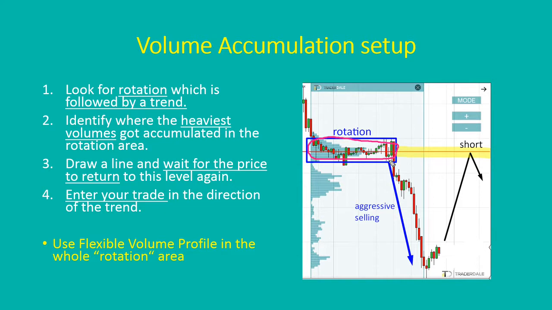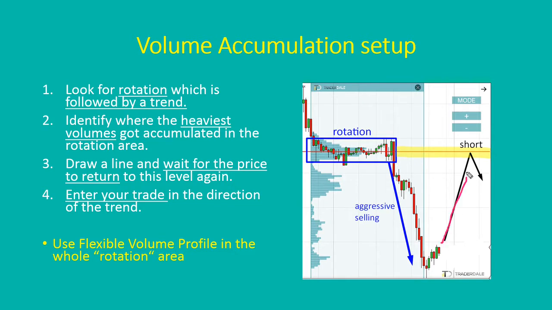But if there is selling activity after the rotation, you can tell that in this place sellers were accumulating their selling positions. If there was an uptrend afterwards, then it was buyers who were accumulating their positions there. Alright, so you can tell by the movement which occurs afterwards.